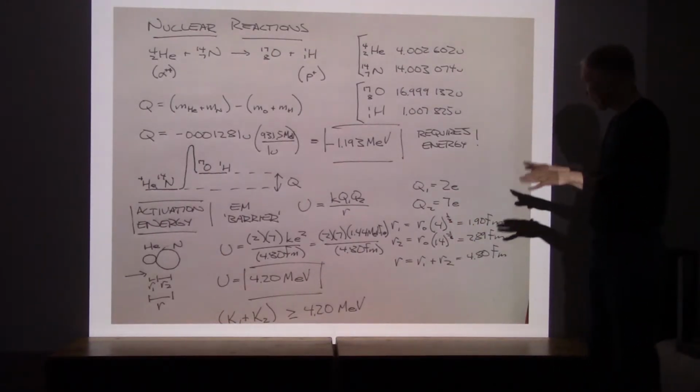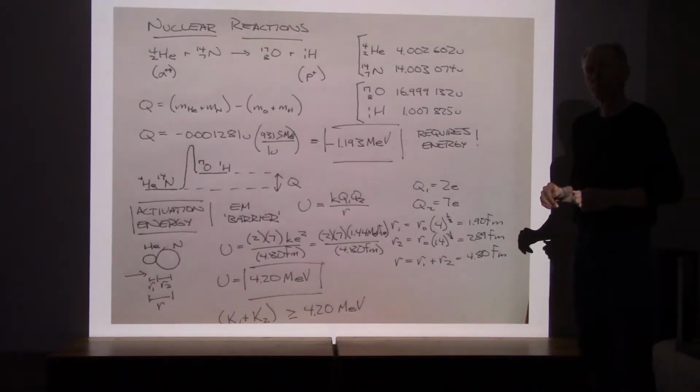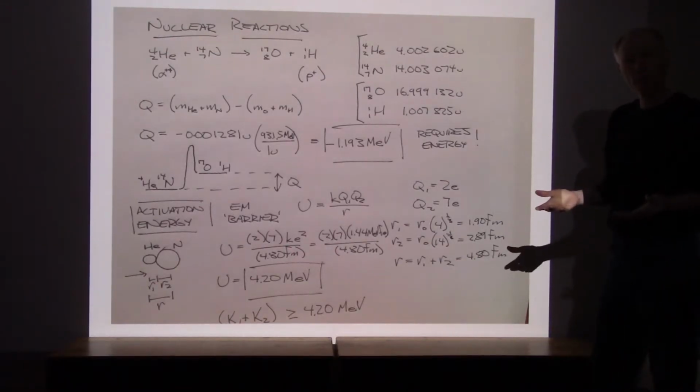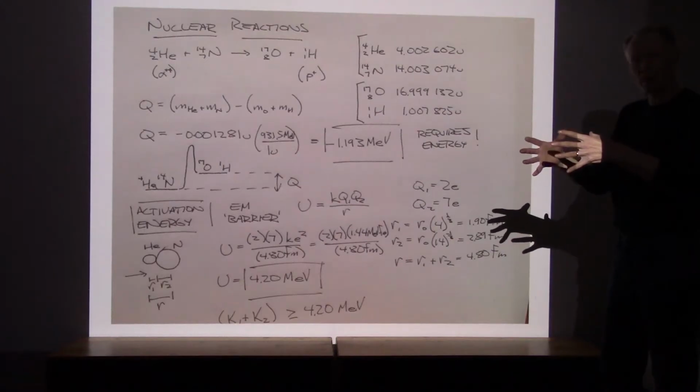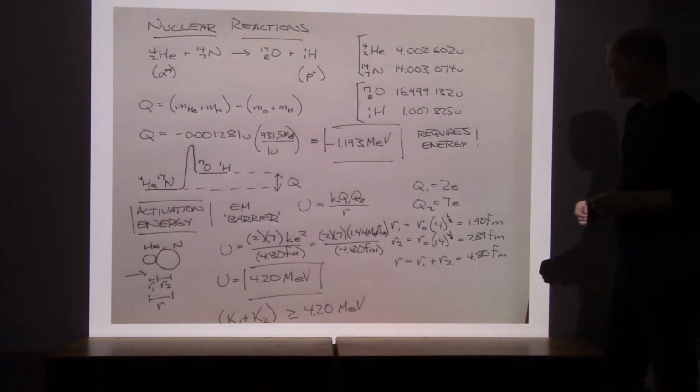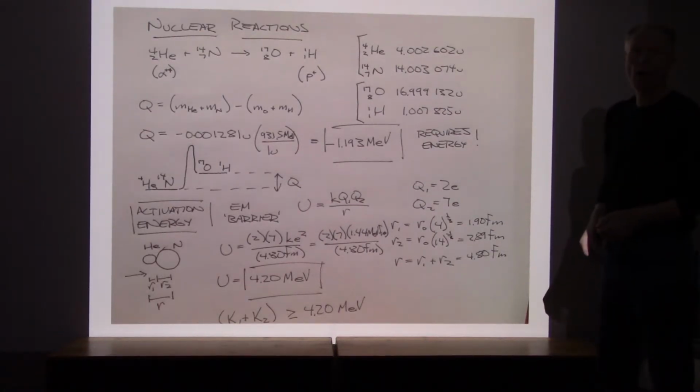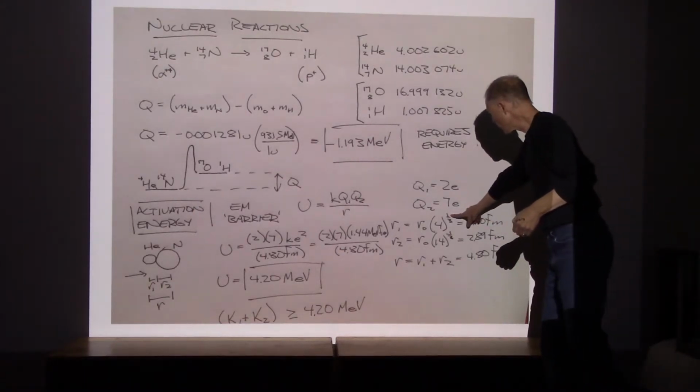What we put into that is the nucleon number. We put in the number of nucleons because we said the size of the nucleus is going to depend on how many nucleons we have. And then we take that to the 1/3 power.